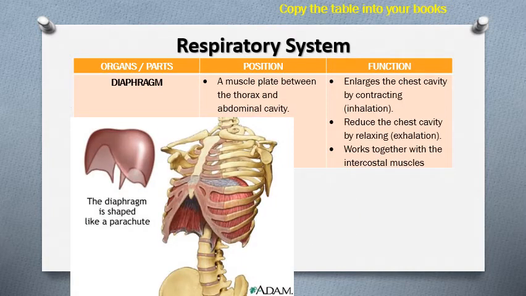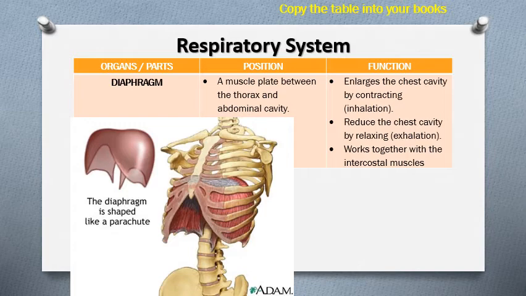So the diaphragm is a muscle plate or a sheet of muscle that's found between the thorax and the abdominal cavity. In other words, between the thoracic cavity, that would be your chest cavity, your chest, where your lungs and your heart are found. Then at the bottom of that, we've got the diaphragm. It's a dome-shaped muscle that can contract and relax to allow for inhalation and exhalation. So this muscle is the muscle that brings about inhalation and exhalation.